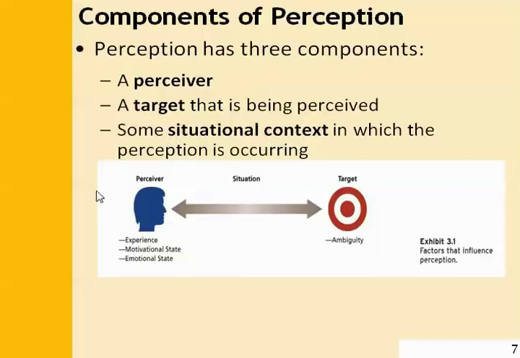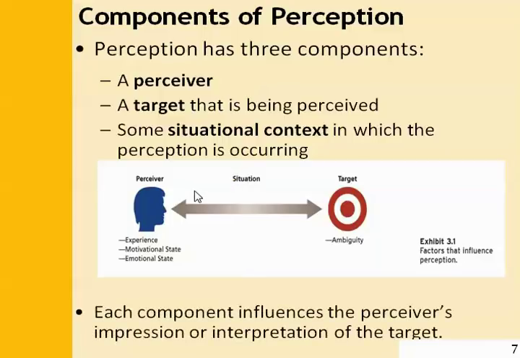Number one, the perceiver's experience; the motivational state or the needs of the perceiver; and the emotional state. Also, the target, whether it is ambiguous or not, affects the perception, and the situation too. Each component influences the perceiver's impression or interpretation of the target.